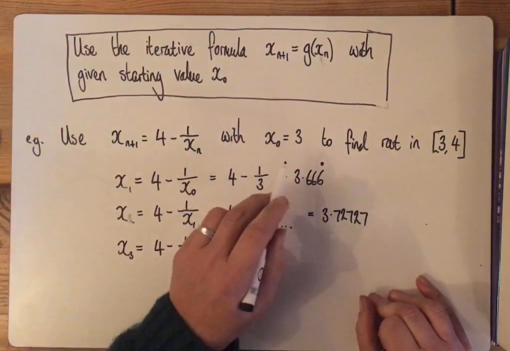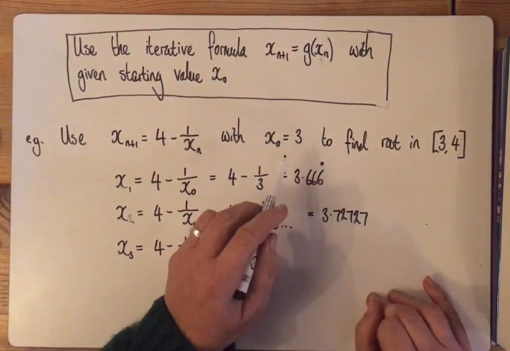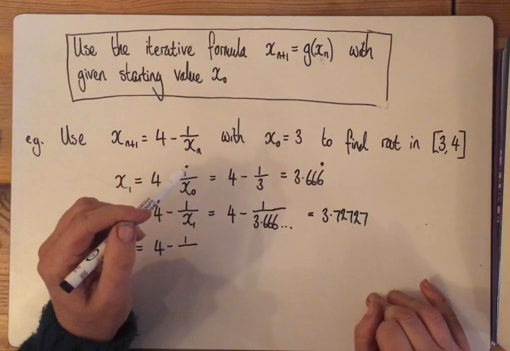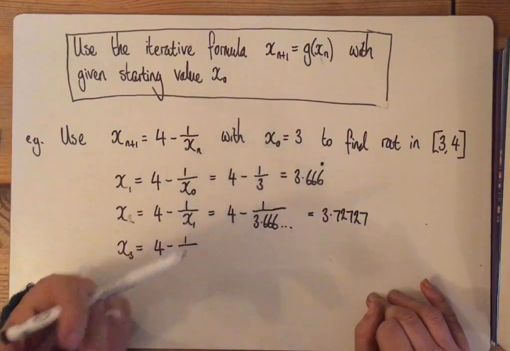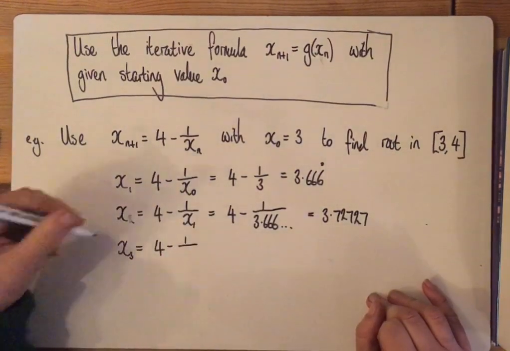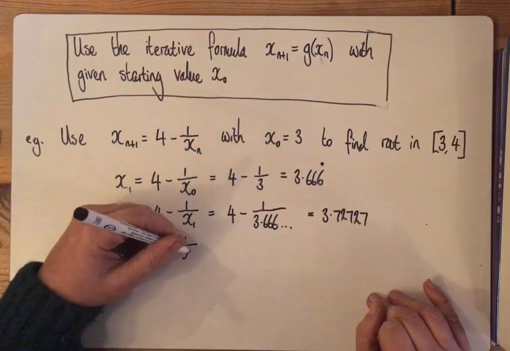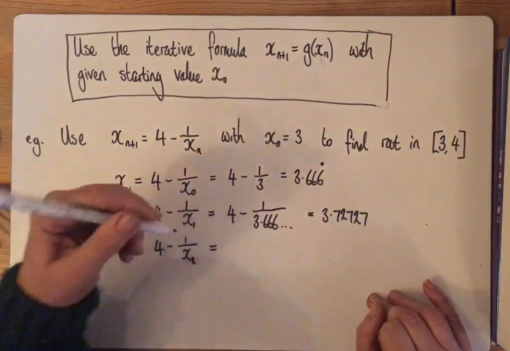Not all starting values will work, so sometimes it will diverge, and not all rearrangements will work, but the questions are kind. They won't give you a starting value that won't work to find a root. So you don't have to go into too much detail. I used to do coursework on this, and we had to go into loads of detail, but you don't need to.